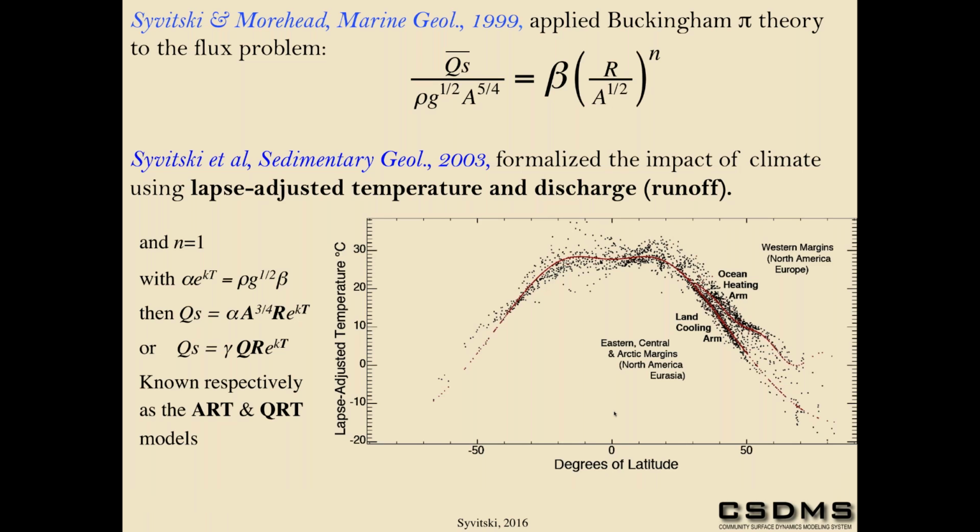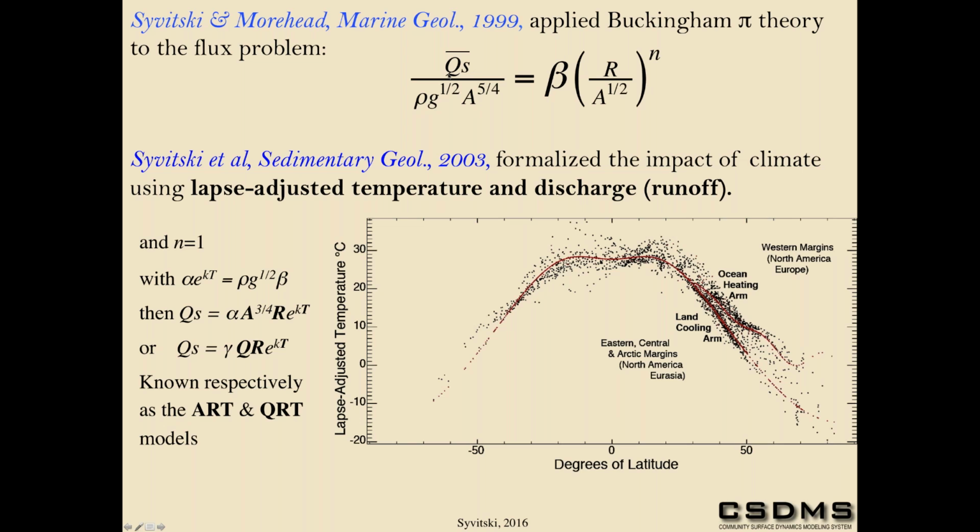Moving back to the Bogart equation, in 1999 I worked with one of my doctoral students, and we applied the Buckingham Pi theorem to the flux problem because we wanted some sort of theoretical underpinning for what the observations were providing us. So we came up with two dimensionless terms.